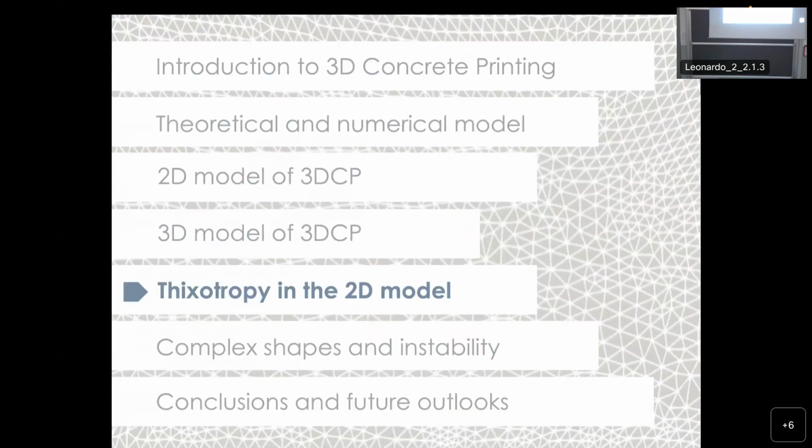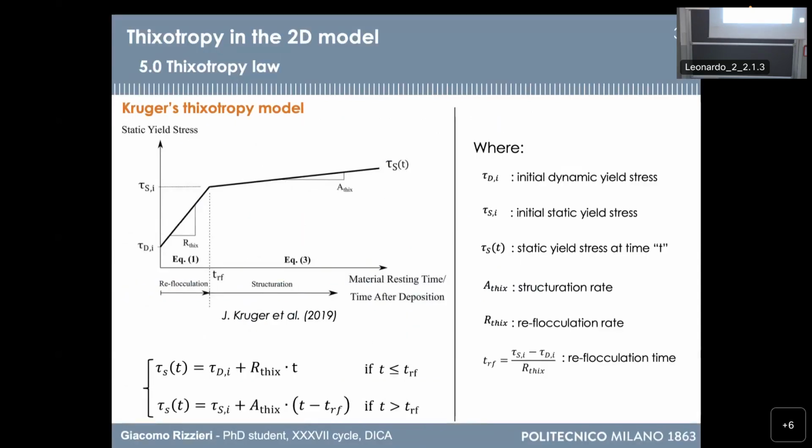Okay, now I will jump back to the 2D just for a few slides to let you see how we can improve our constitutive law, our rheological law. And the idea is that when we print, as soon as the material reaches the ground, it will start to consolidate in time.